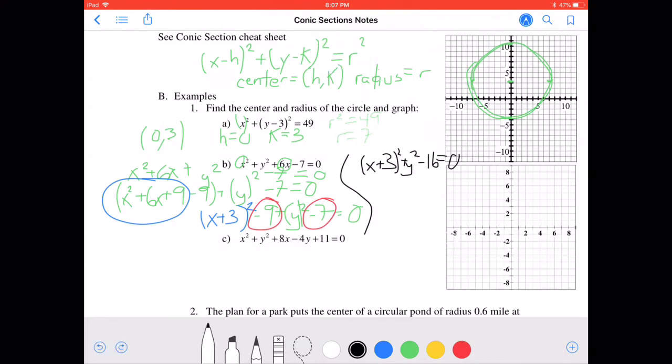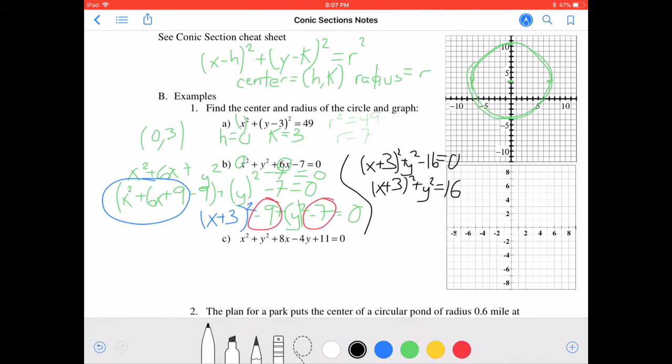So I have to move the minus 16 over to the right. Once I do that, I get x plus 3 squared plus y squared equals 16. So now if I'm looking at this, now it looks like it.